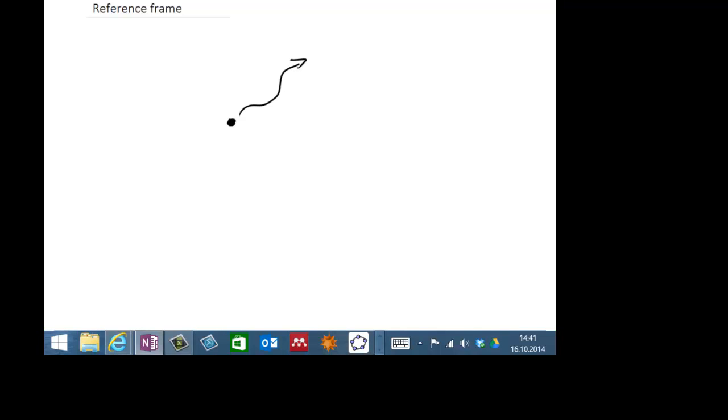Now, in order to specify the position, we need a reference frame. We need coordinates, and coordinates require a reference frame.